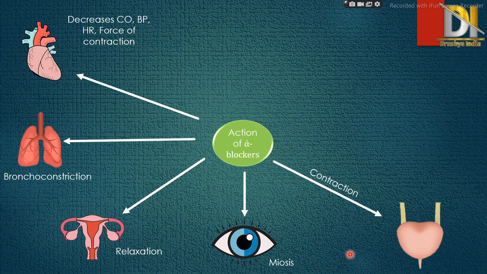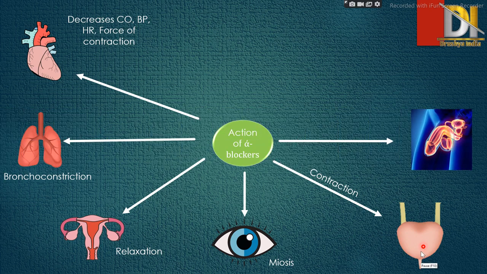Next is on the bladder. It causes contraction. Due to this tendency, it is used in treatment of benign hypertrophy of prostate gland. Then it blocks ejaculation during intercourse.